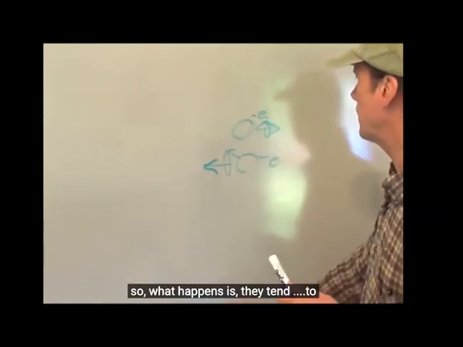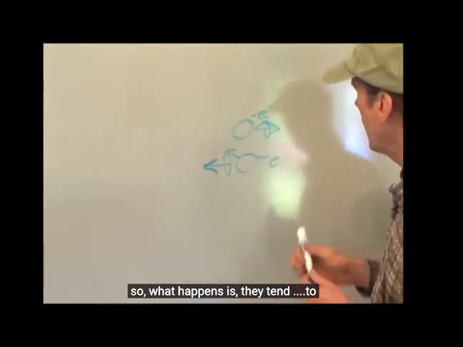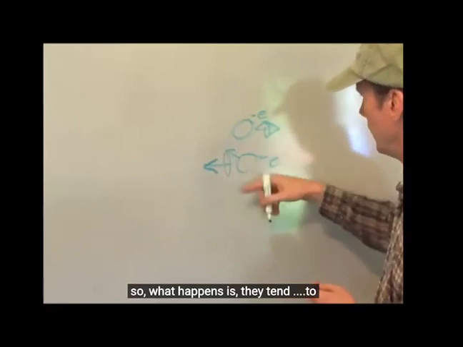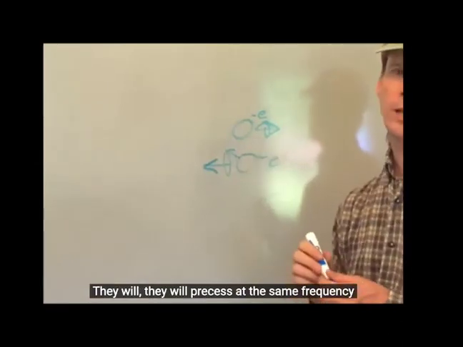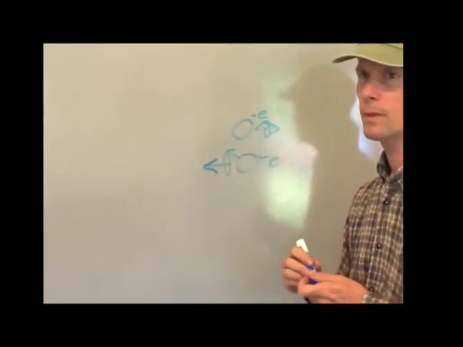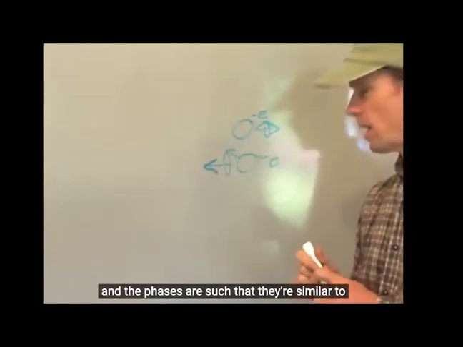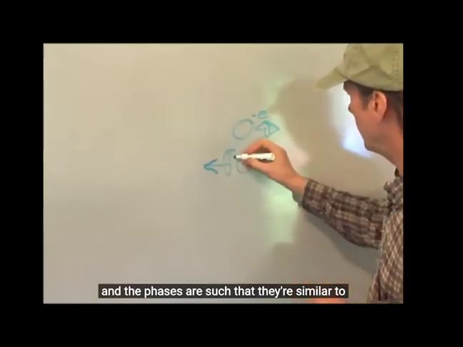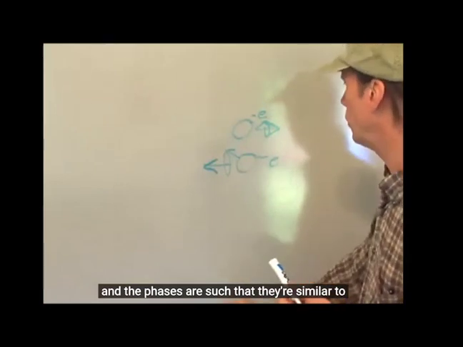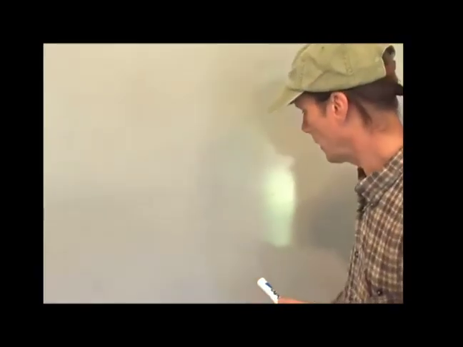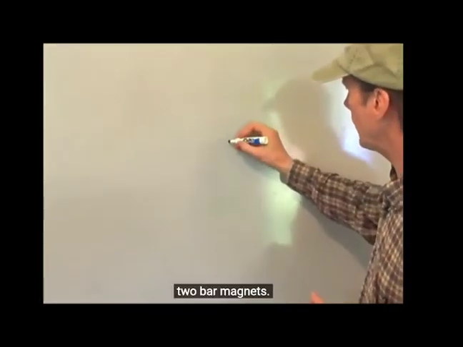So what happens is they will precess at the same frequency, and the phases are such that they are similar to two bar magnets.